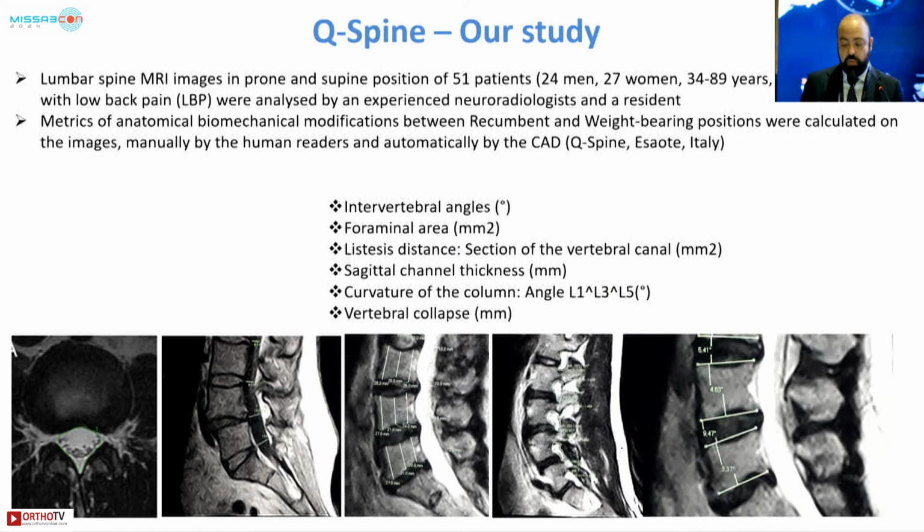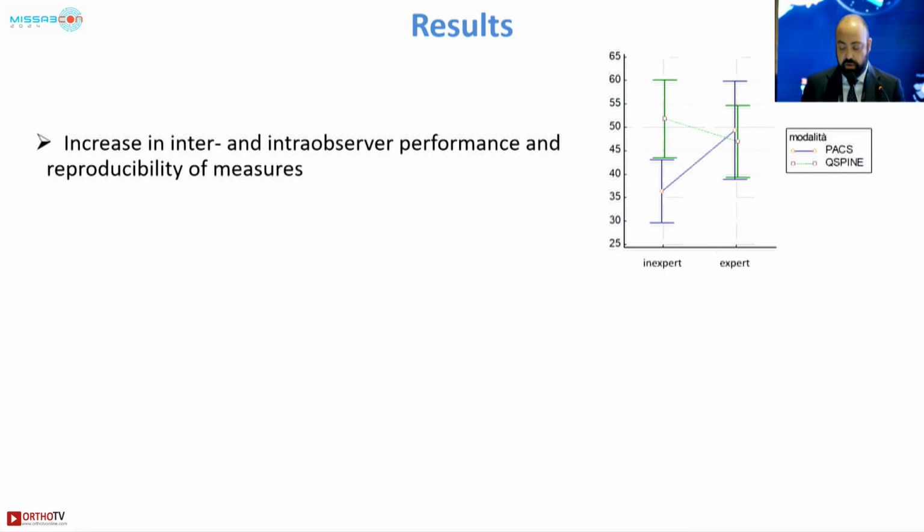In our study, we evaluated several patients with low back pain, analyzed by two different readers, and we manually measured several parameters that were also described by the Q-Spine system, and we compared the inter- and intra-observer performance using the manual and the semi-automatic quantification.